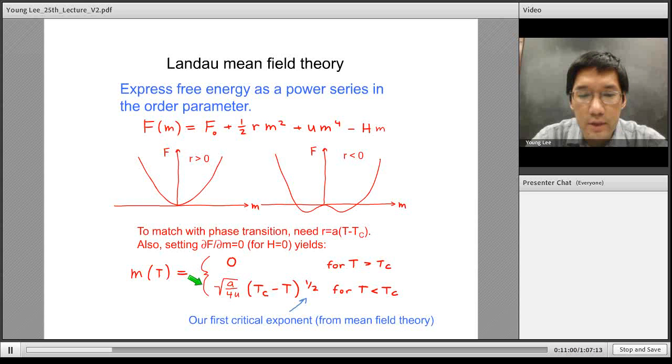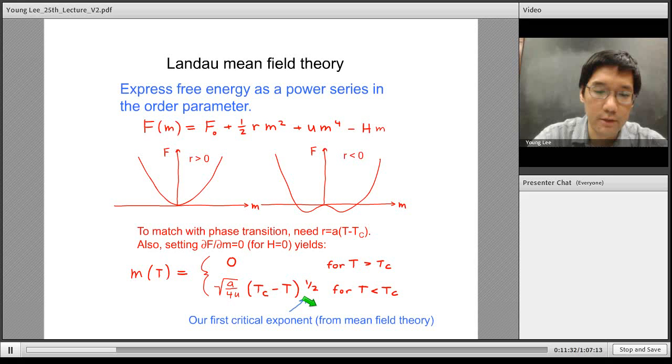The main thing to note here is that you have this collection of constants in front, but you have this expression T minus Tc to the 1/2 power, or the square root of T minus Tc. So this power 1/2 is our first critical exponent. It describes the rise of the order parameter below Tc. This exponent comes from our simple mean field theory. So the exponents will depend on the type of calculation that you perform that best describes that system.